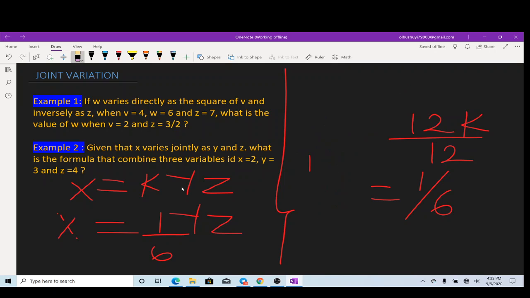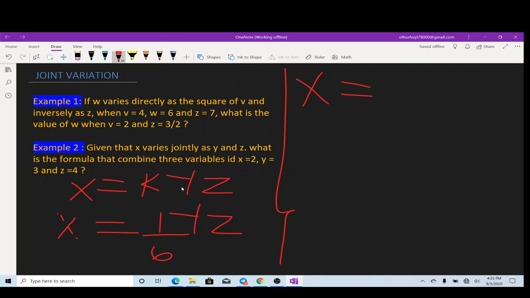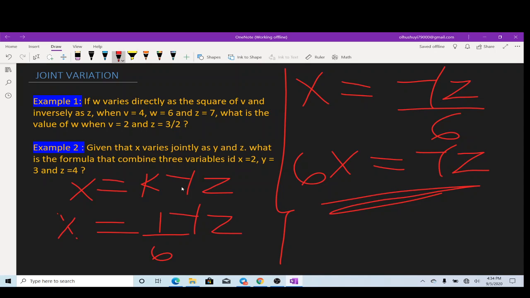What that implies is that X can be equal to YZ divided by 6, and that simply means 6X can be equal to YZ. That's the relationship between them.